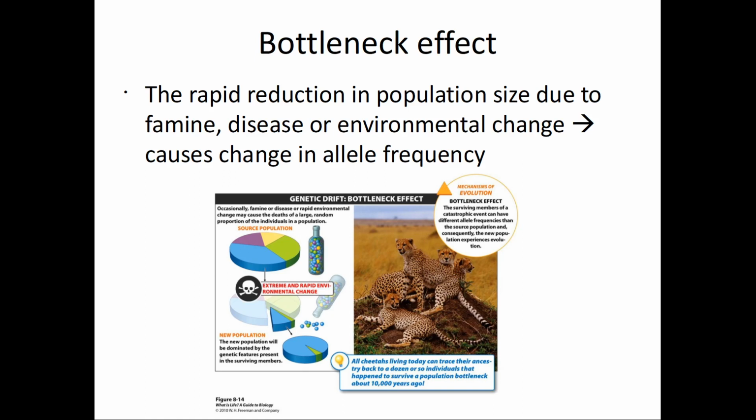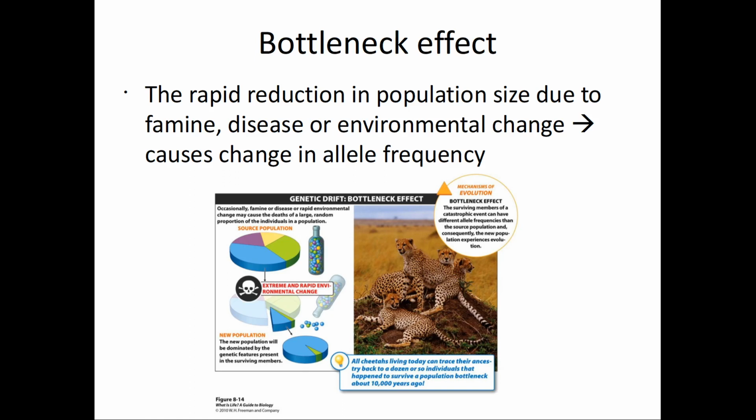So all the cheetahs in the world were nearly extinct. They nearly went extinct except for these 12 individuals. And from those 12 individuals, the population of cheetahs we have today emerged. The reason why we know this is because there's such little genetic variation in these cheetahs that they must have had a catastrophic event that brought them down to that level.